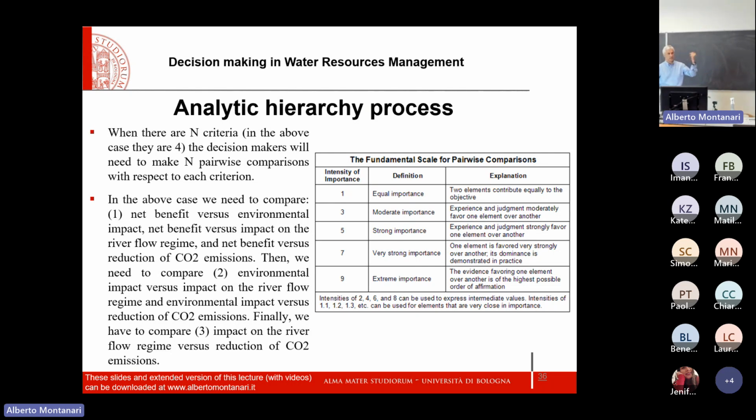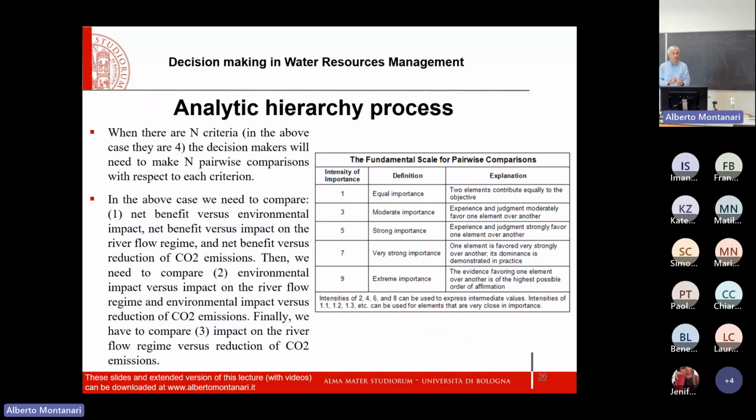Okay, let's give net benefit score 3 with respect to CO2 emissions. Is the first criterion strongly more important than the second? Let's give the first criterion with respect to the second score 5, and then so forth with 7 and 9. This scale is completely arbitrary.